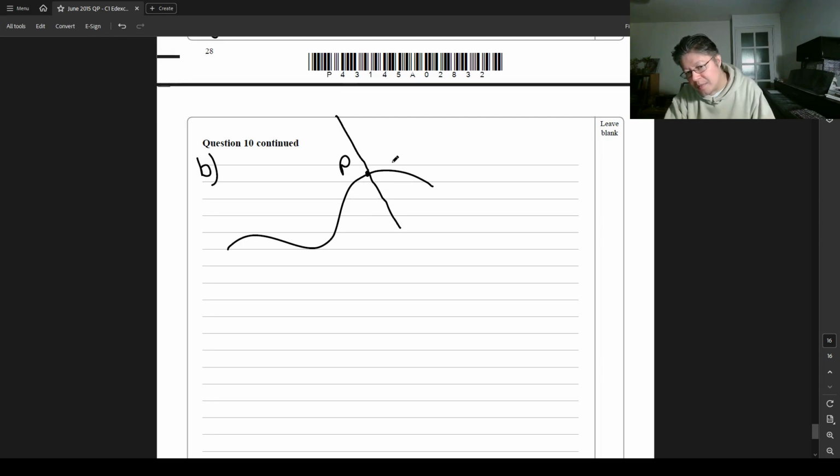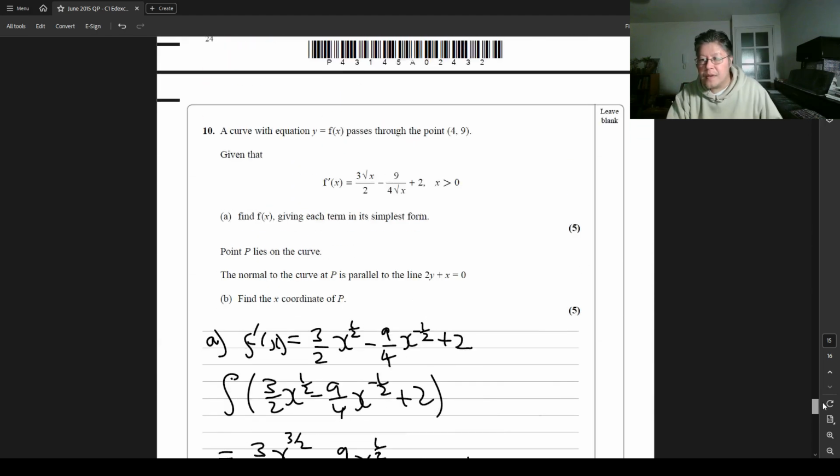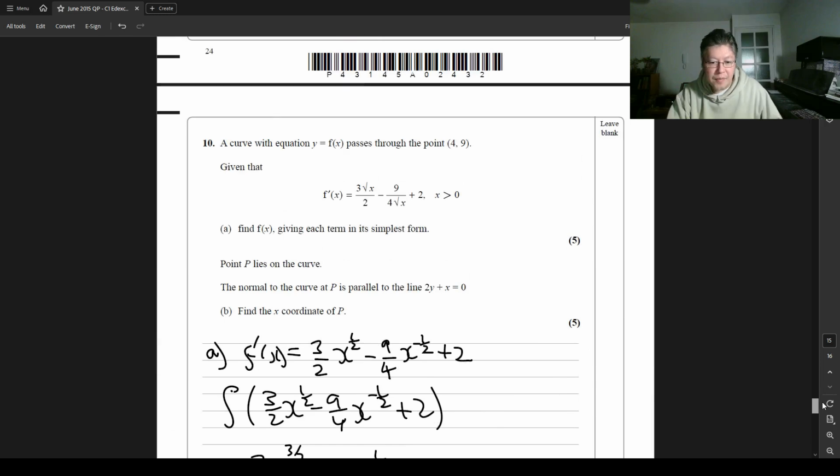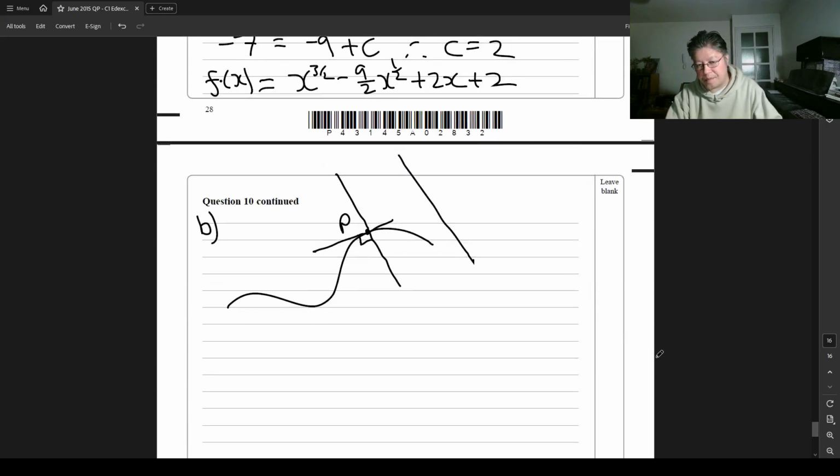The normal is perpendicular to the tangent, so that's a right angle. And we're told that that normal happens to be parallel to another line there, and that was the line 2y plus x equals 0.